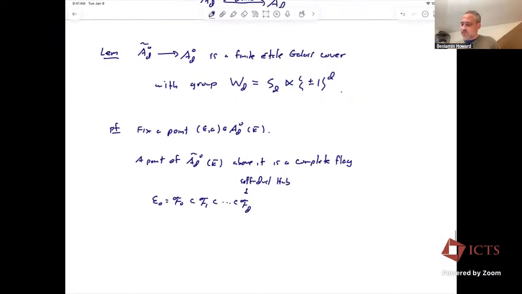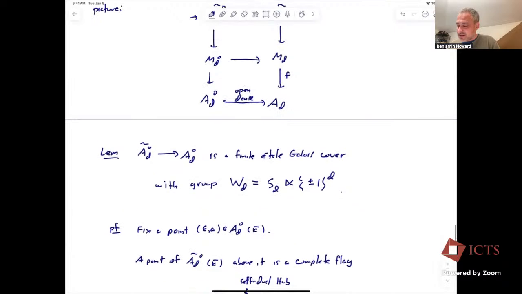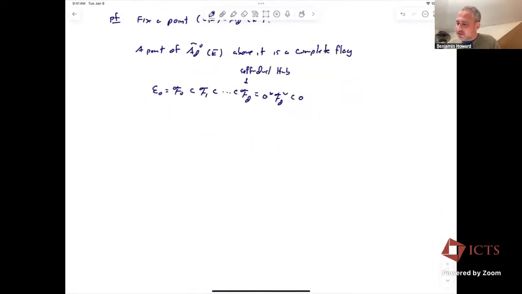But if that's self-dual, now I can take this flag and dualize the whole thing. If this is self-dual, then FD is the same as sigma pullback FD check. And then the inclusion of FD minus 1 into FD gives me an inclusion of this into sigma pullback FD minus 1 check, all the way down to sigma pullback F0 check, which is sigma pullback E check.